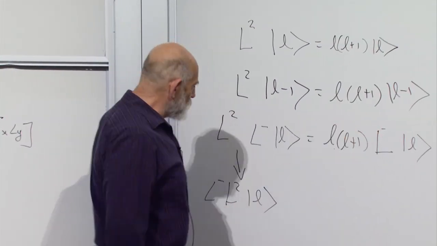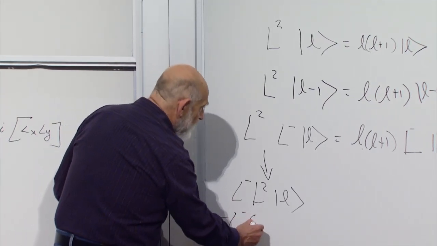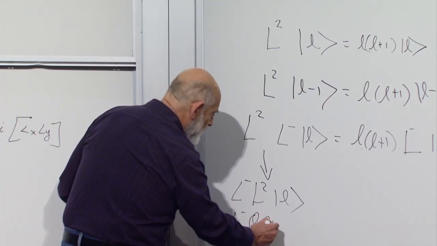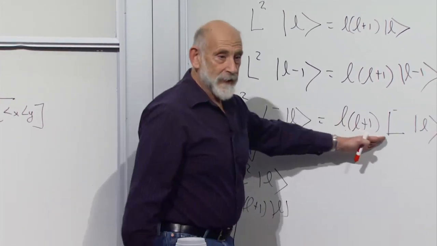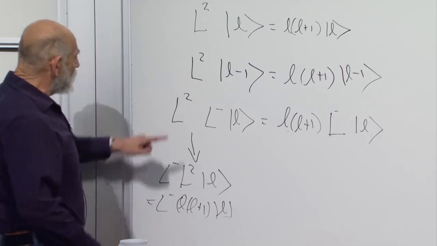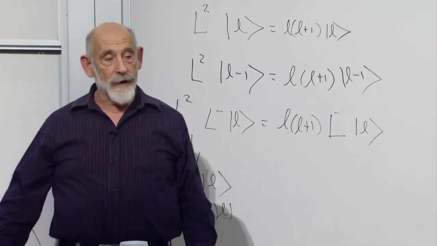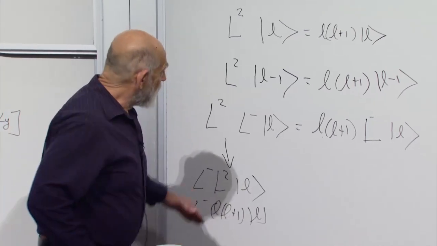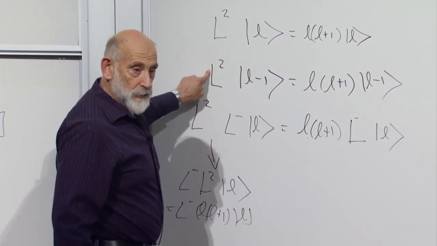We would have proved that this is equal to L minus times L times L plus 1 on L, which is exactly what this says. So if we can prove that L squared commutes with L minus, then we can prove that the state L minus 1 is also an eigenvector of L squared.